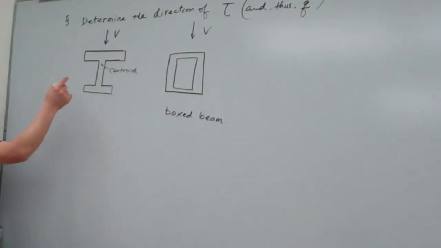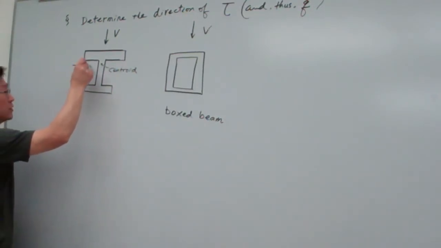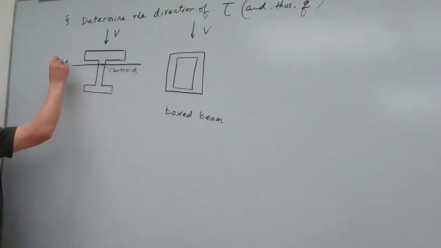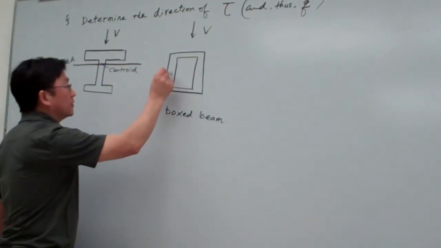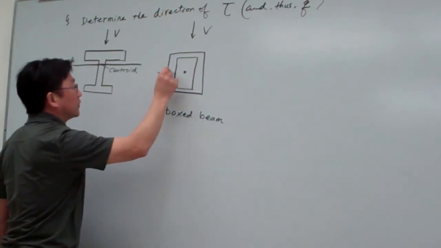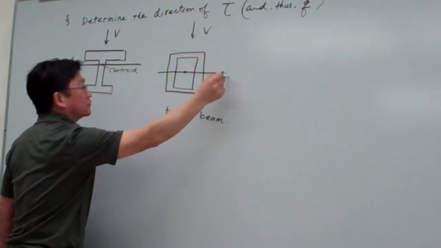Then, passing through the centroid, you draw a line perpendicular to the direction of the transverse loading. This gives you the definition of the neutral axis. For this one, the centroid is here. Then you draw a line perpendicular to the direction of the V, and that is the neutral axis.